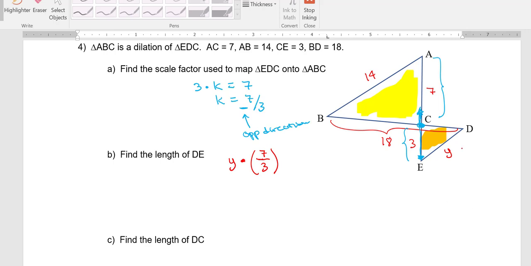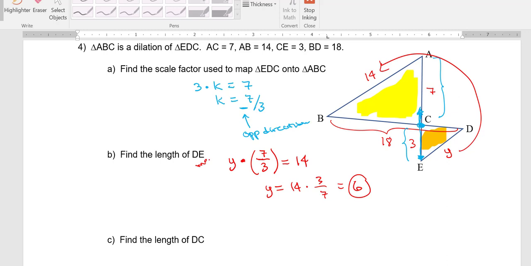So 7/3 times y is going to give you 14. If I solve for y, multiplying both sides by 3/7, y is going to be equal to 14 times 3/7, which is 6. So y is going to be equal to 6. That would be the way to do this using scale factor.